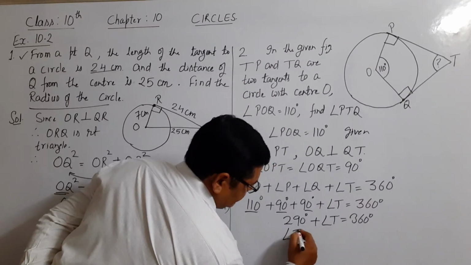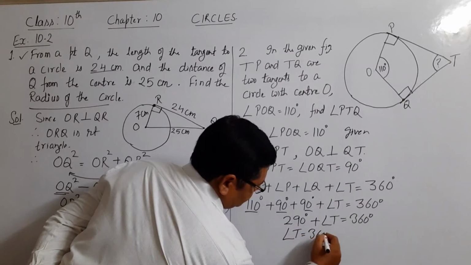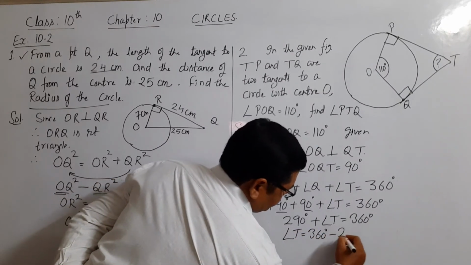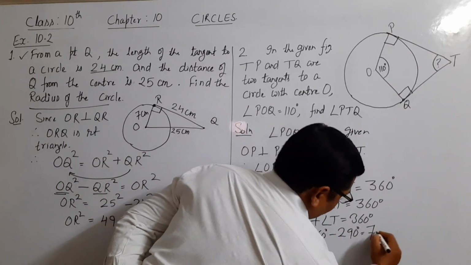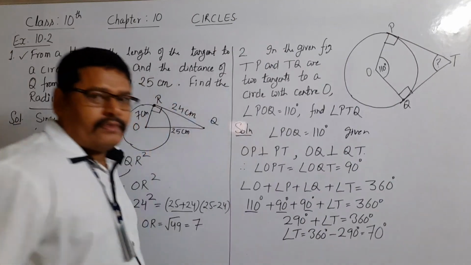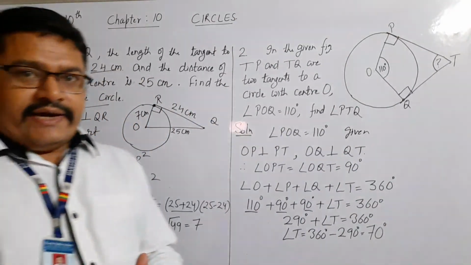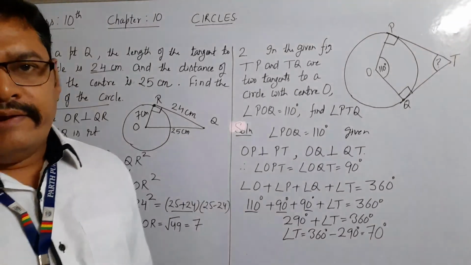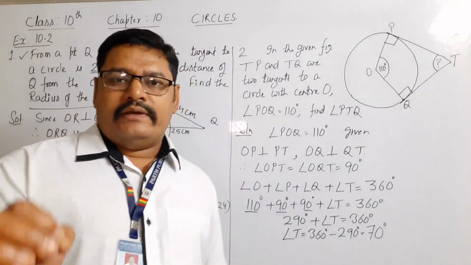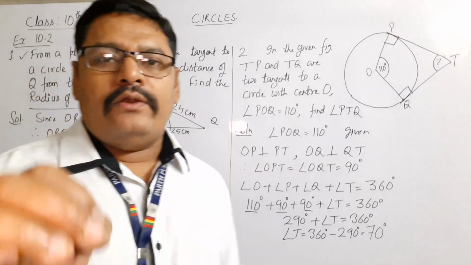So angle T is equal to 360 degree minus 290 degree is equal to 70 degree. So in this way again we have used the same theorem that radius is perpendicular to the tangent at point of contact.